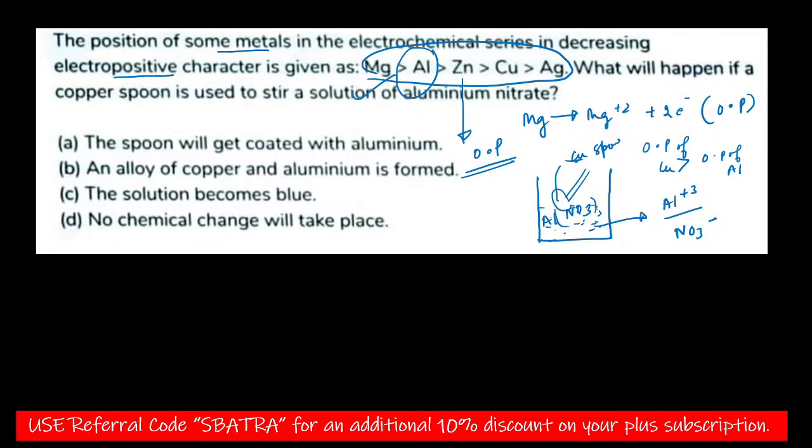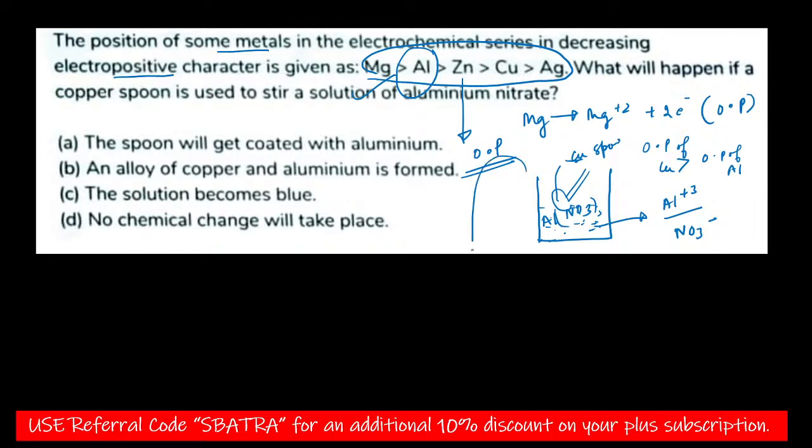So nothing will happen to the copper spoon, because aluminium will lose 3 electrons first compared to copper. If copper is present as a spoon and you have aluminium nitrate solution, there will be no reaction.